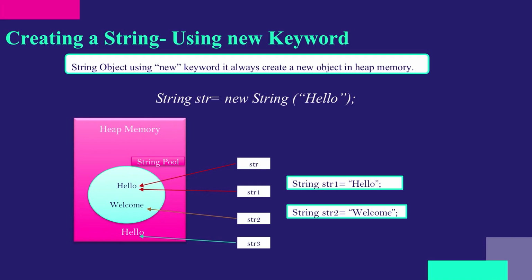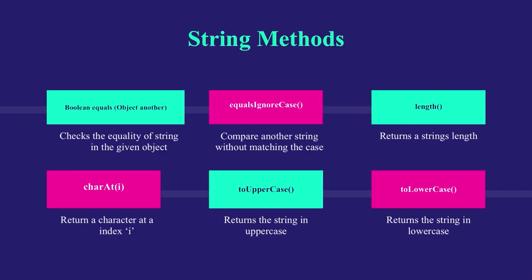So it is always a new object. It is not going to point to the string pool. So this is the difference between how we create a string literal and how we create a string object. Object construction happens with the new keyword, and it is always a new object. So the next topic is the string methods in Java.